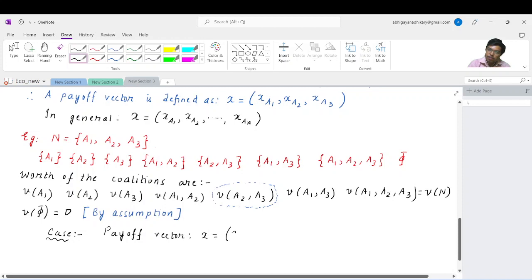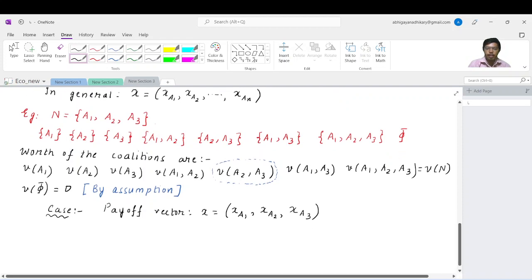X, which consists of this thing. And if I take a particular subset S as A2, A3, correct?